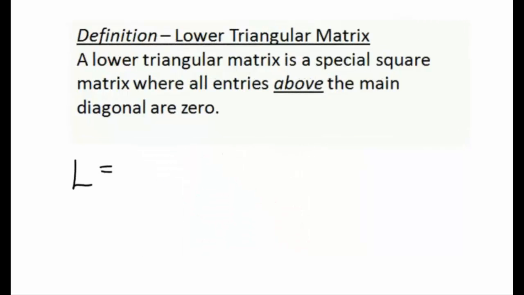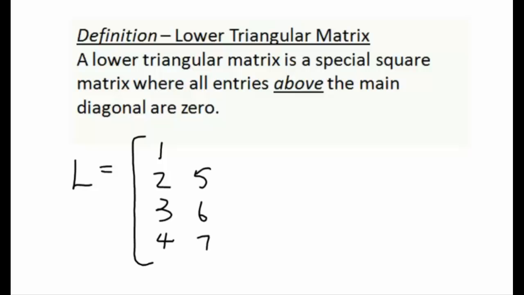Of course we have a counterpart to our upper triangular matrices, and these are called lower triangular matrices. These square matrices contain zeros above the main diagonal. For example, let's create a 4 by 4 lower triangular matrix. Maybe we'll do 1, 2, 3, 4, 5, 6, 7, 8, 9, and 0.